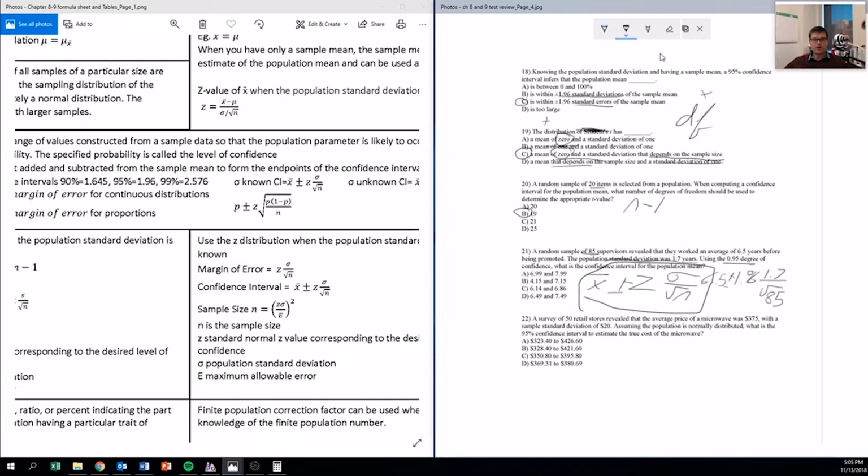The margin of error is 1.96 multiplied by 1.7 divided by the square root of 85, which gives you 0.361. So it's 6.5 plus or minus 0.361, which will give you the answer of C.